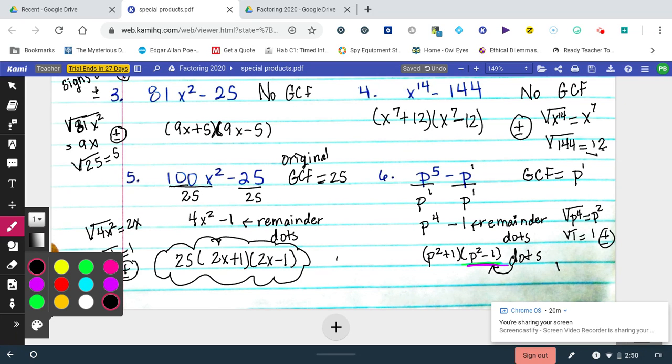So the square root of p squared is p, and the square root of 1 is 1. Let me see if I can write this better over here.